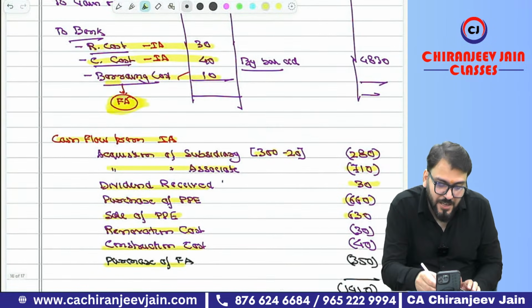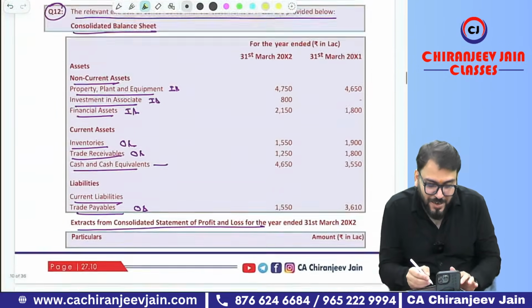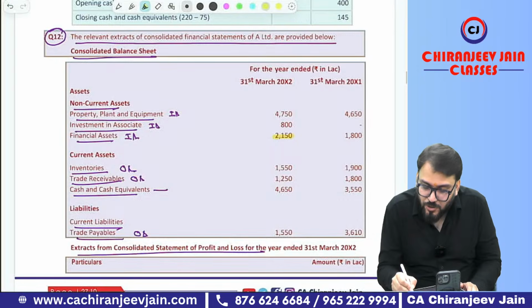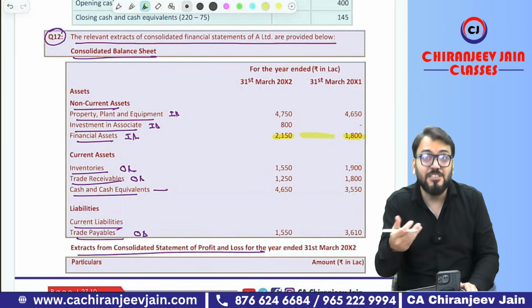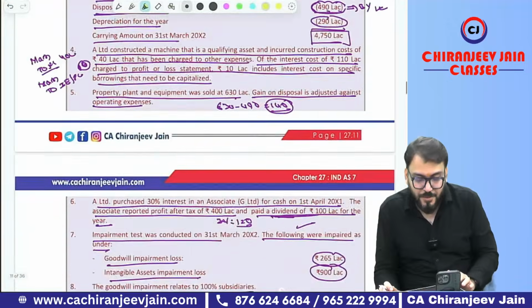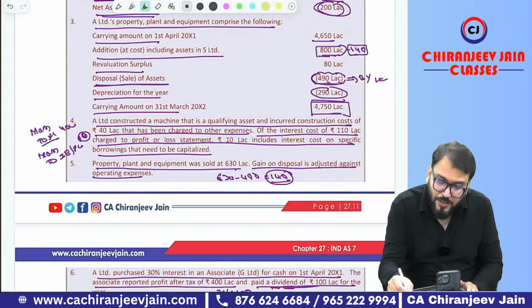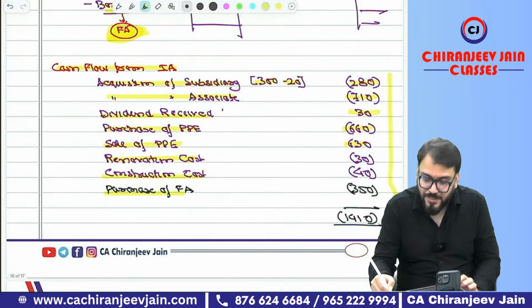There is one more financial asset, because 1800 became 2150. It increased, so that is investing activity. That is financial asset. Understood? So in this way you can also explain financing activities.